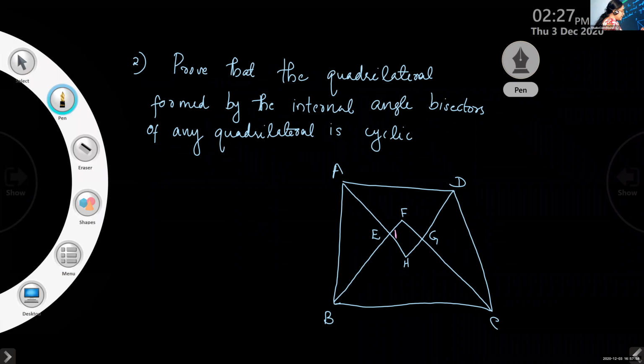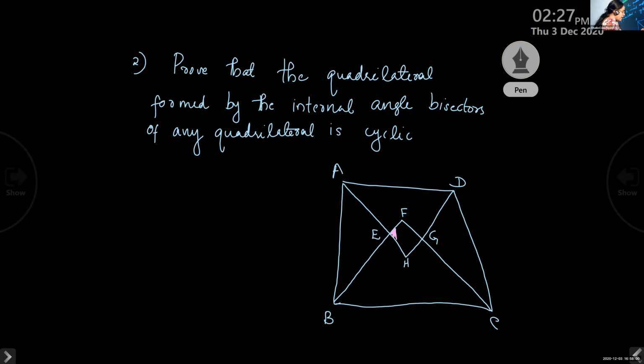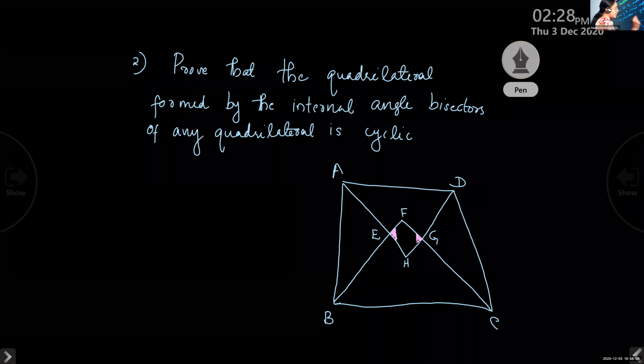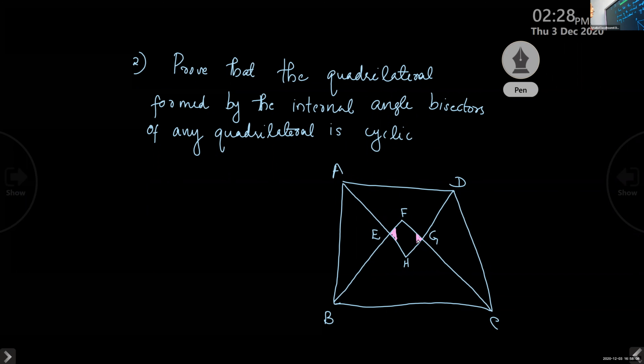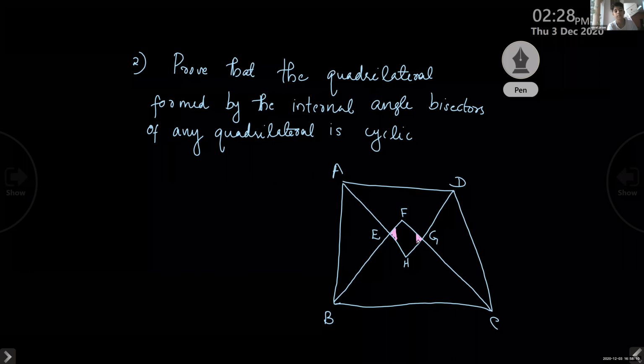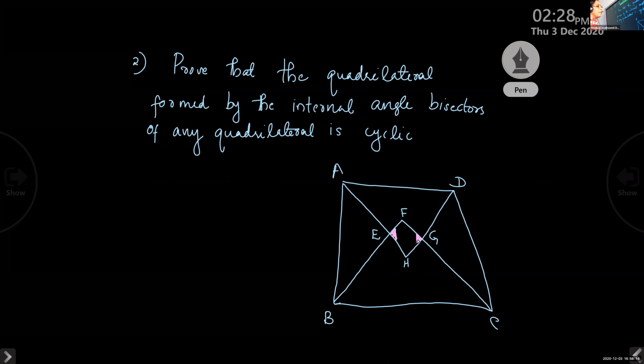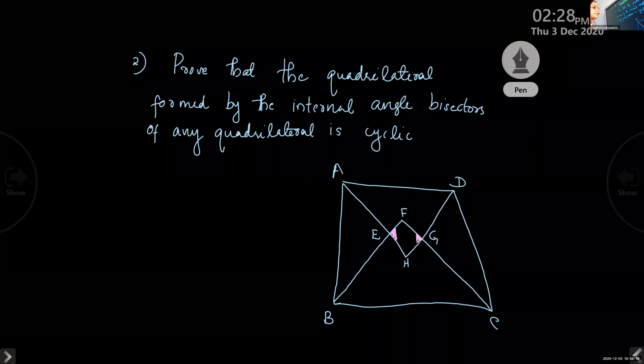That means this inside angle, the opposite angles E and G, when you add them, we should get 180 degrees. I'm shading it now. So it is cyclic. Clear?